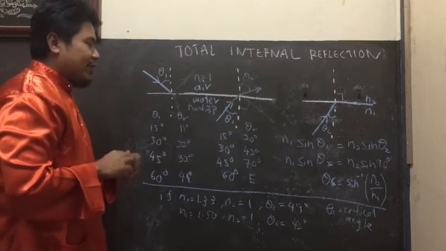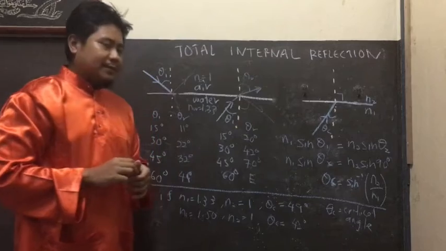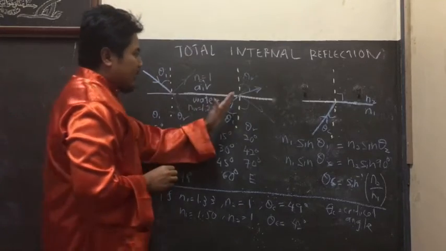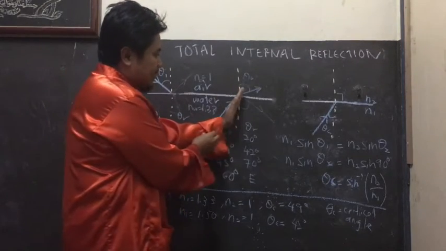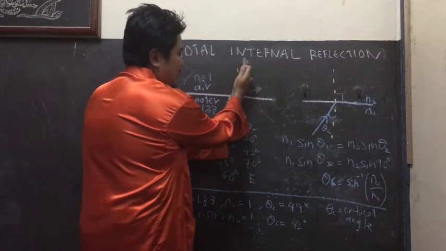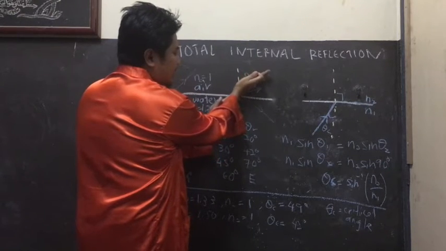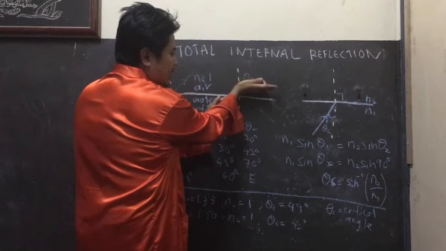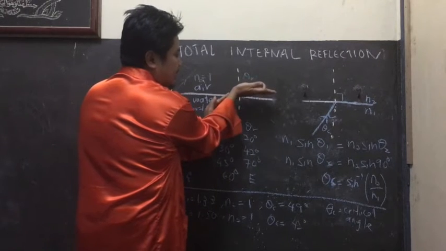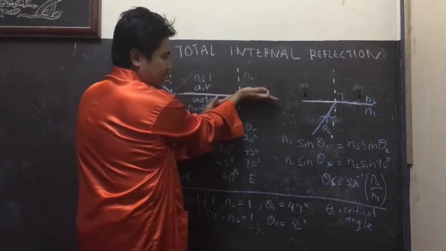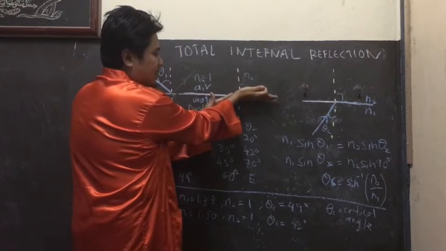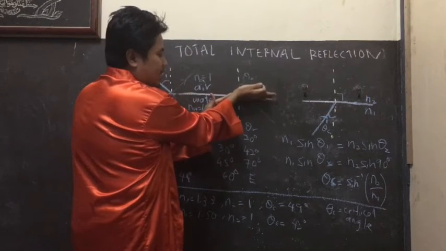Okay, so what does it mean when you get an error? When you increase the angle, the light will refract further, and at a certain degree, the refraction angle is a maximum of 90 degrees. Maximum 90 degrees, so it cannot refract.